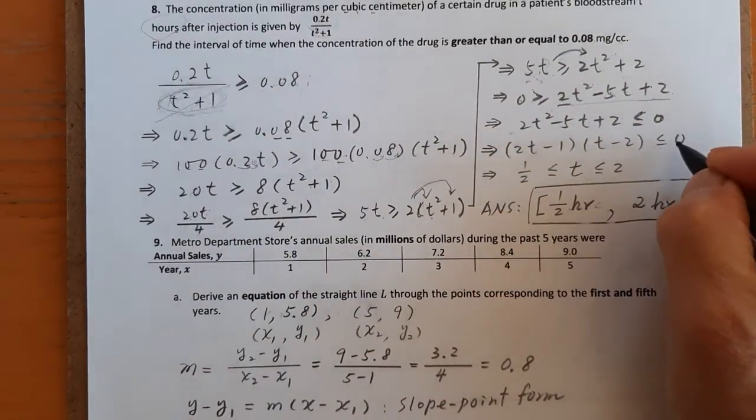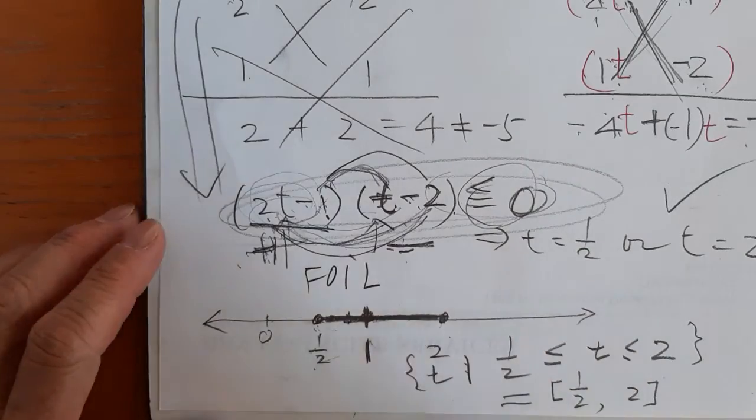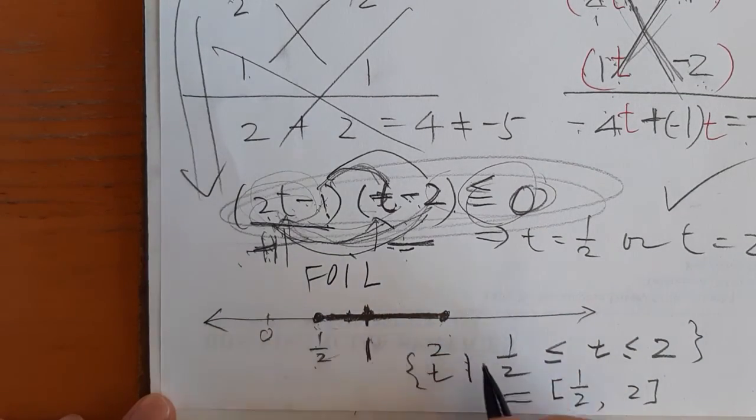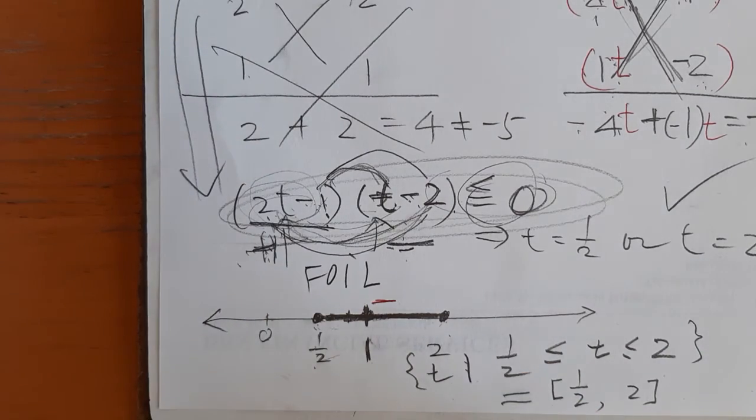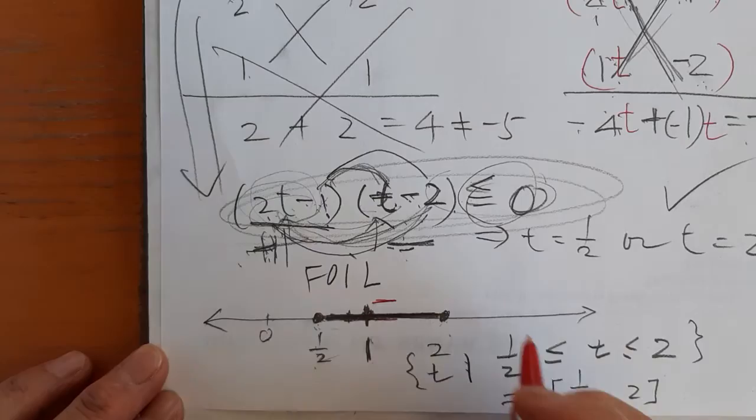So here it is less than. If less than, the answer is between the two, because less than is negative.